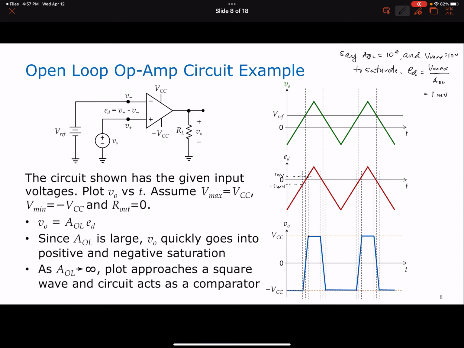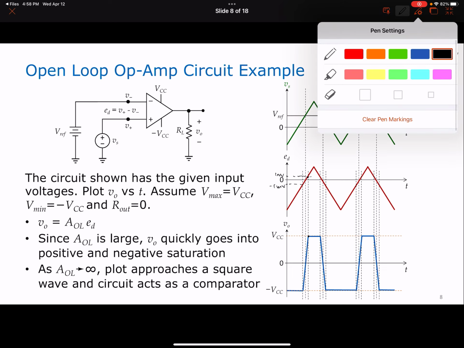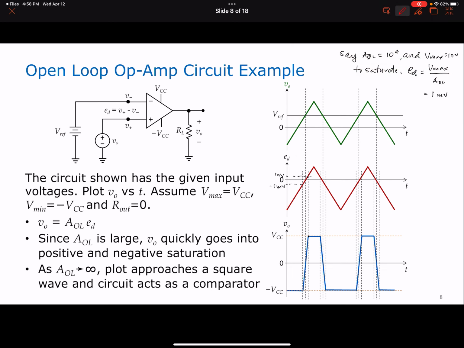As AOL approaches infinity, so as we make AOL larger, the plot approaches a square wave. In other words, as AOL approaches infinity, what will our plot look like? It will look something like this. It will approach a square wave.